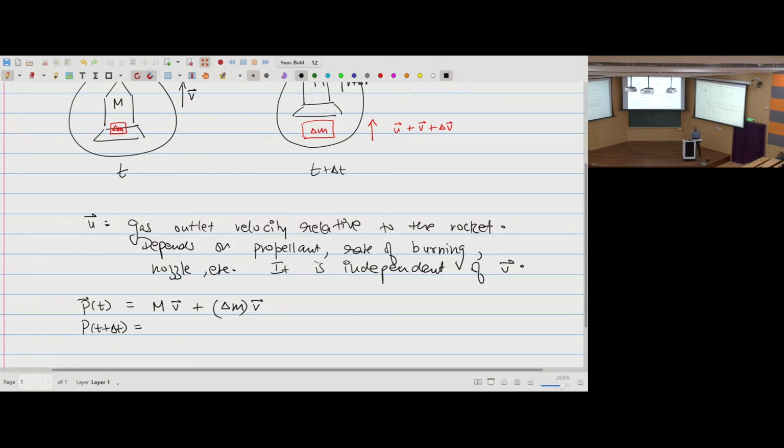At time t plus delta t, the rocket now moves at v plus delta v, and the gases, because of the relative velocity they have with respect to the rocket, from the absolute or fixed frame have a velocity of v plus delta v plus u. So the momentum is delta small m times this quantity.